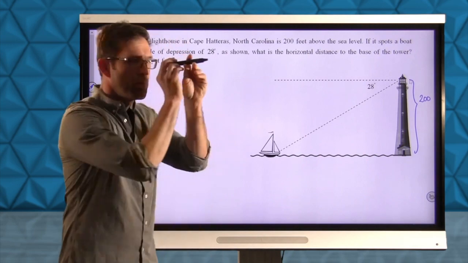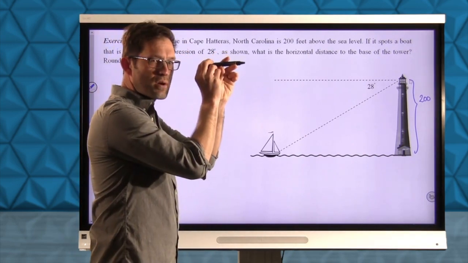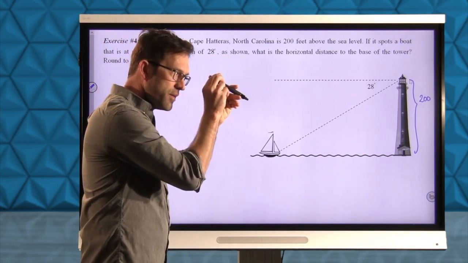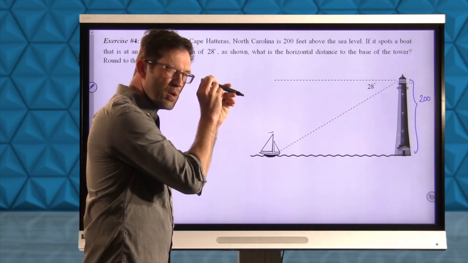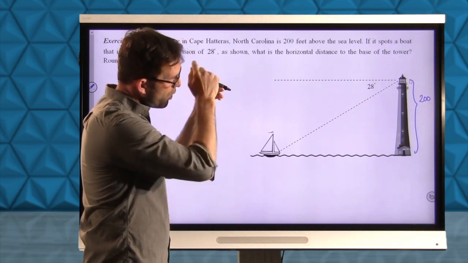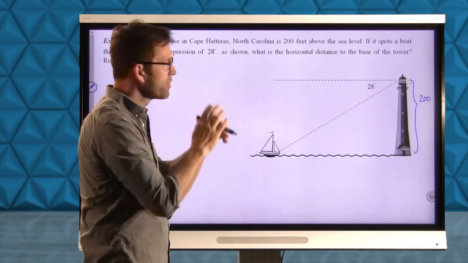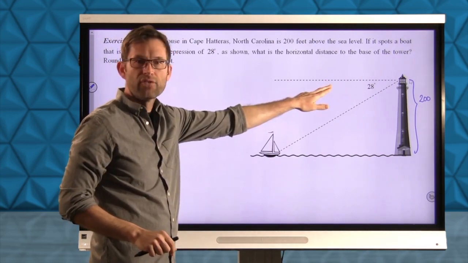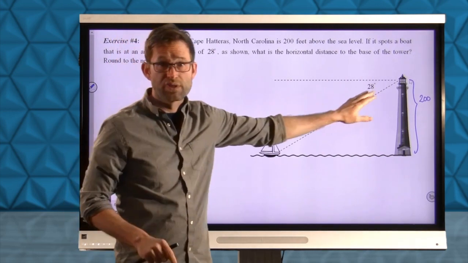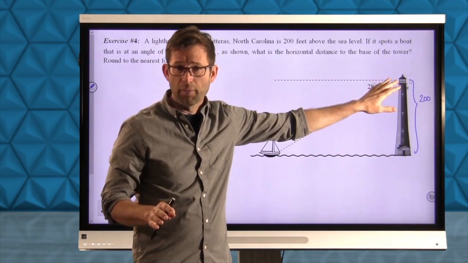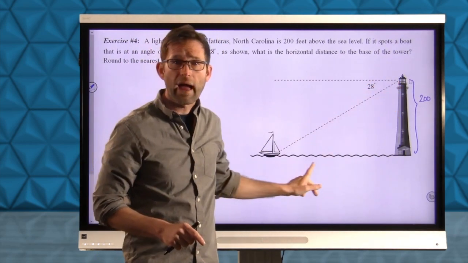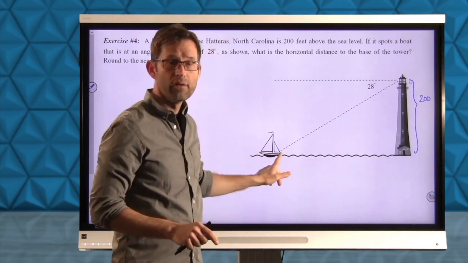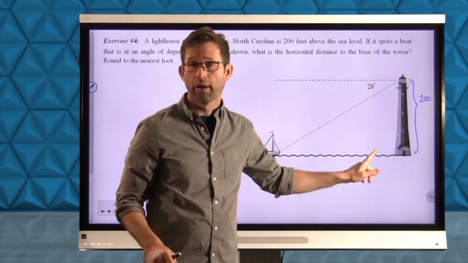They'd take their scope out and start to look down, and they'd say, okay, I now see that boat in my scope. What's that angle that I went down? Oh, that angle is 28 degrees. And now the person up in the lighthouse, who's good at trigonometry, is able to figure out how far the boat would be from crashing into the shore, to be quite honest.